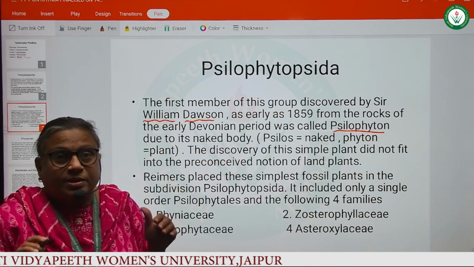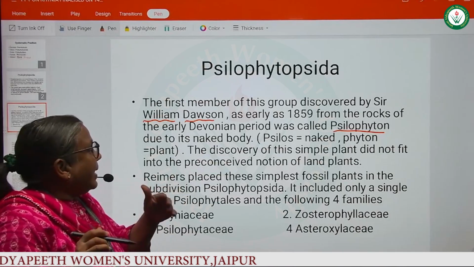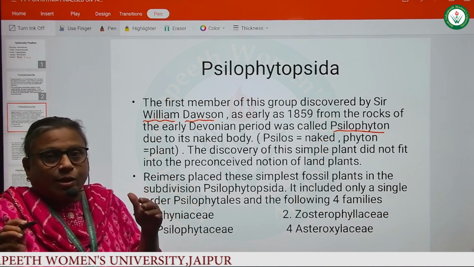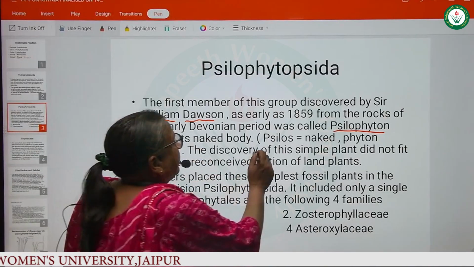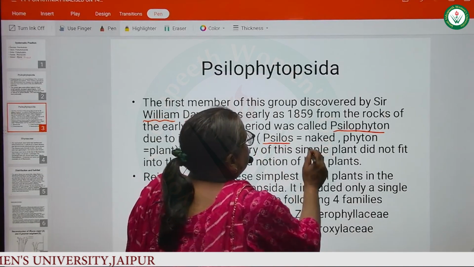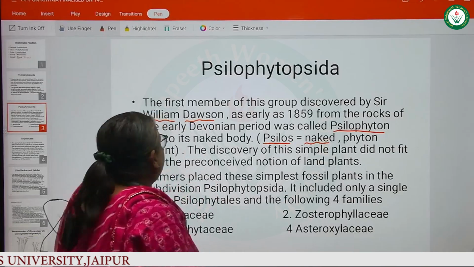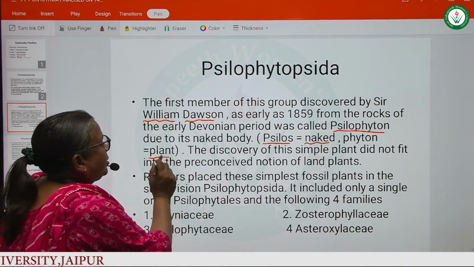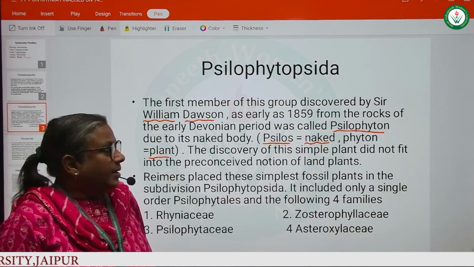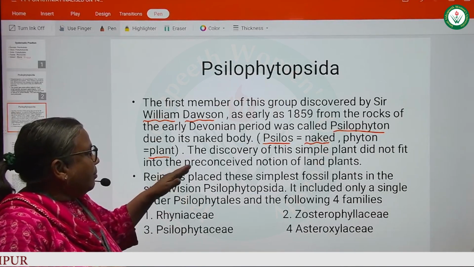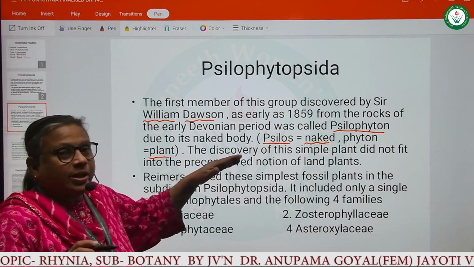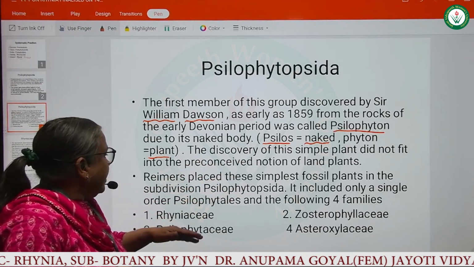So students, what do you understand by Xylophyton? Xylophyton is made up of two words: xylos means naked and phyton means plant. The discovery of this simple plant did not fit into the preconceived notion of the land plants.